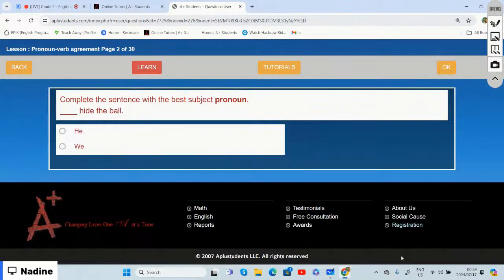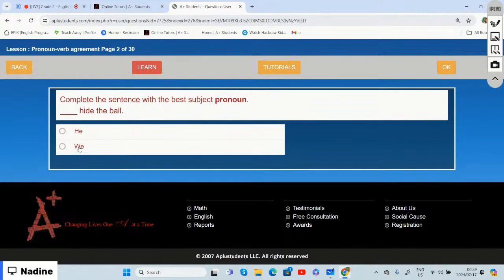All right, we need to choose the correct or the best pronoun. Remember, we said a pronoun is either he, she, they, we, or you, right? Remember, we said if one person does something, then our verb ends with an S. If more than one person does something, then our verb does not end with an S. So look at this one. This is the pronouns, like the person.